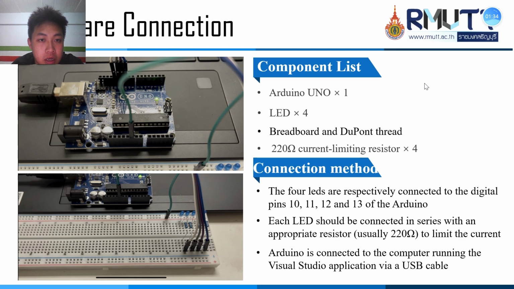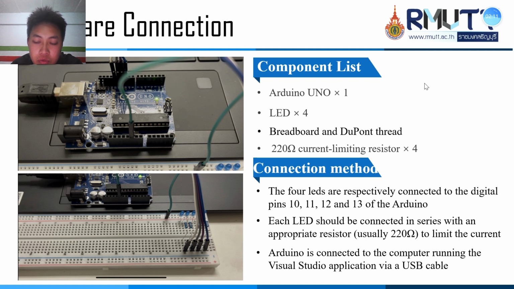Let's see the hardware connection. The component list we need: Arduino Uno, 4 LEDs, a breadboard and Dupont wires, and 4 220-ohm current limiting resistors. The connection method: the four LEDs are respectively connected to digital pins 10, 11, 12, and 13 of the Arduino.